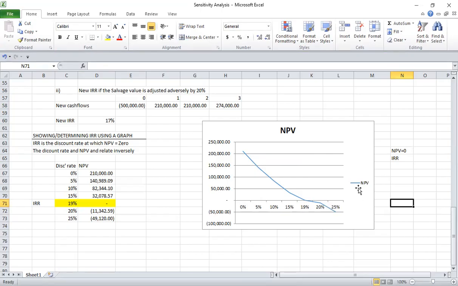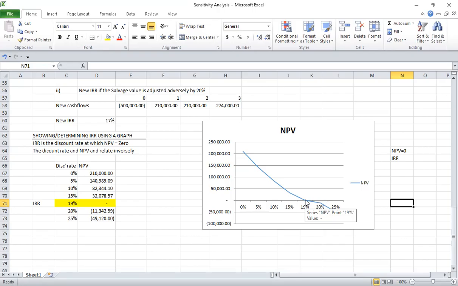At the point at which the NPV curve touches the axis, somewhere where I've put my cursor, that point is 0 in terms of NPV.